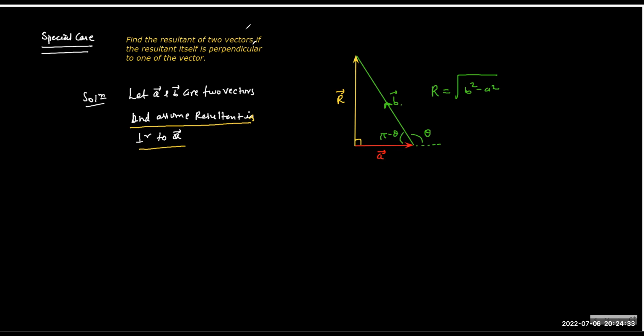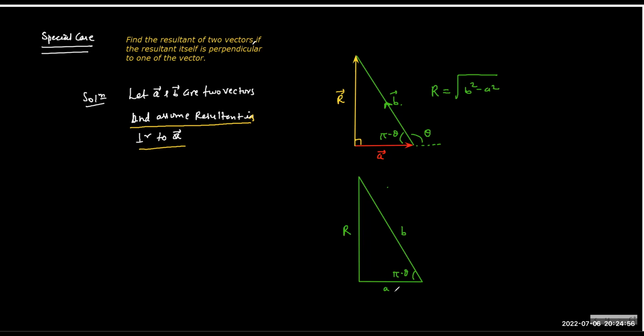To use trigonometry, I must know the angle within the triangle. So given this angle pi minus theta, this length is B, this length is A, and R is not given. Keep in mind, R we have to find.